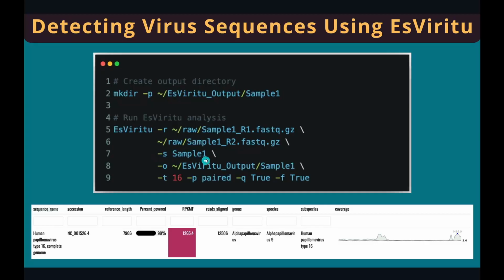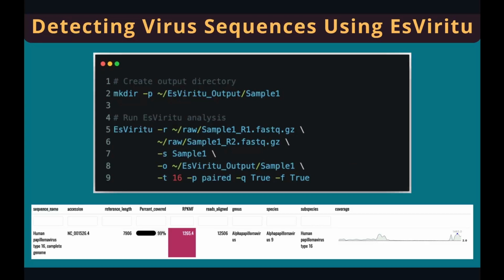Specify the name of our sample. Specify the output directory we just created here. Specify the thread we're going to use. Specify the paired, because we have paired-end sequencing data. -Q and -F means we want to QC and filter our FASTQ files.